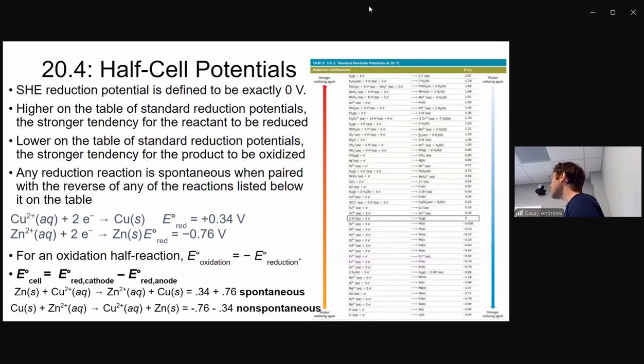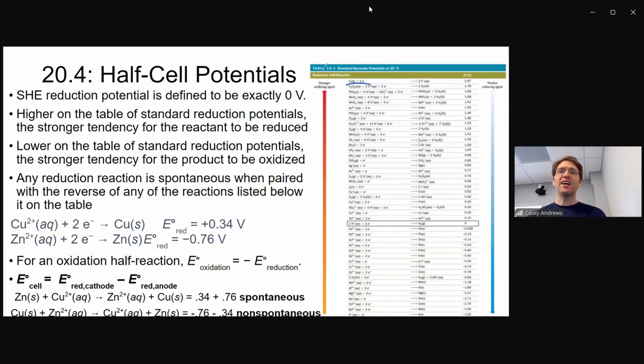And what this is, is a list of a bunch of cells with energy values. So just to pull some out, we'll go to the top. If you had a cell made out of fluorine gas, the energy value you would use for that is like 2.87 volts.